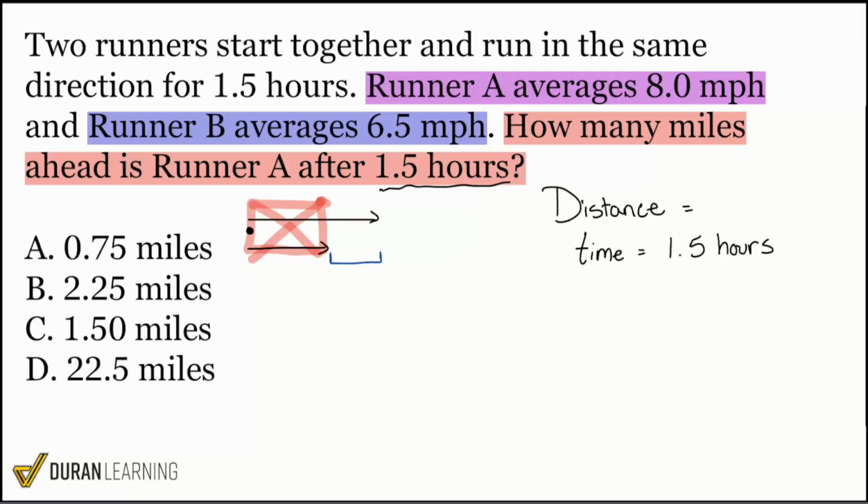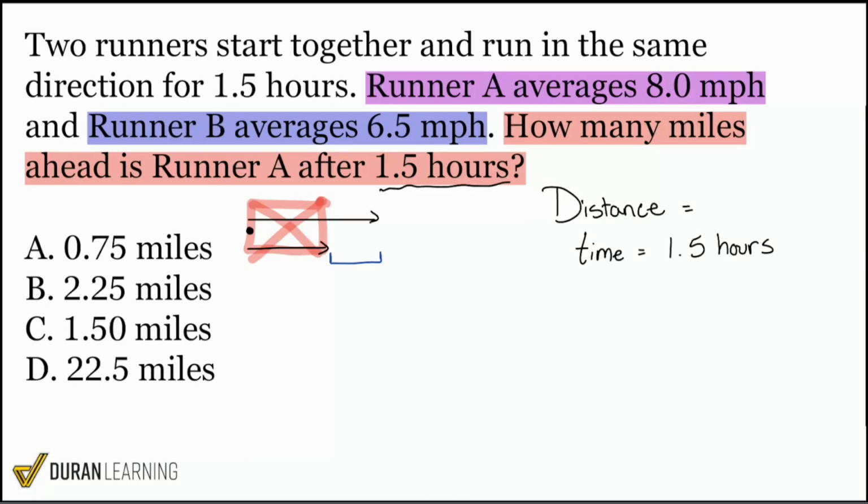But I think we know that if we calculated the distances individually, that would take a really long time. So we can use the other method, instead of calculating the distances individually and subtracting them, just subtract the rates. Subtract the rates, calculate, and move on.